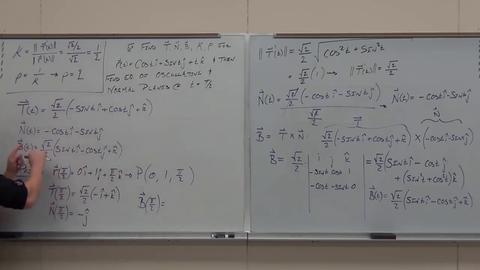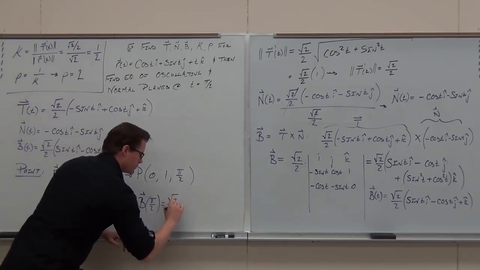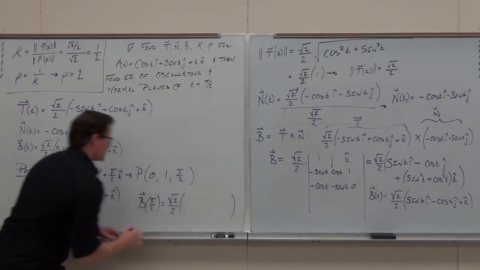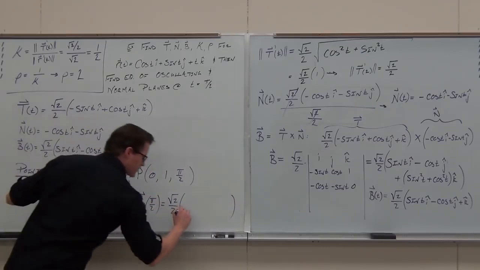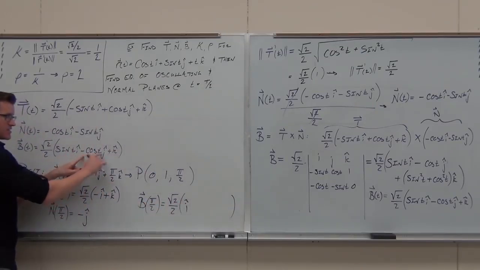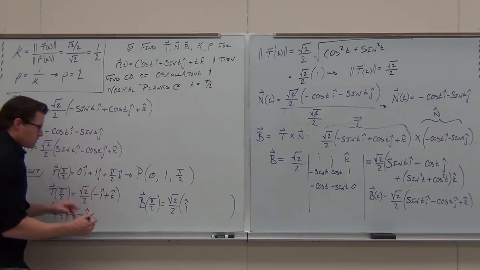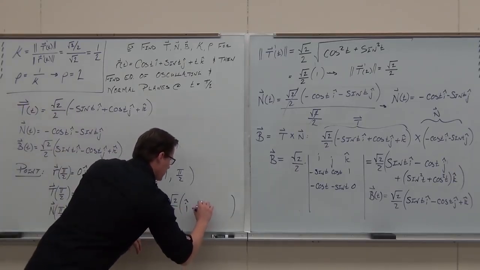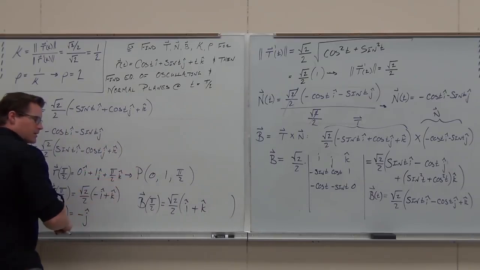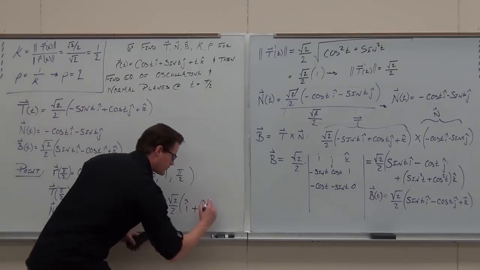So the unit binormal at that time, still get a root 2 over 2. This gives us 1, so we get i. This gives us 0, no j's. k is a constant there, so we have k.